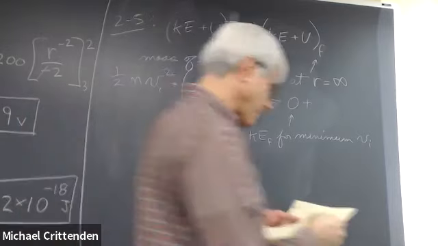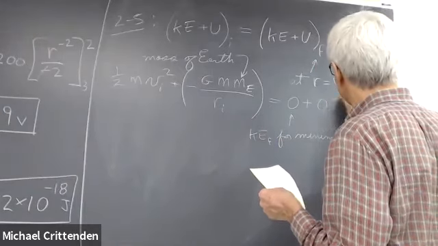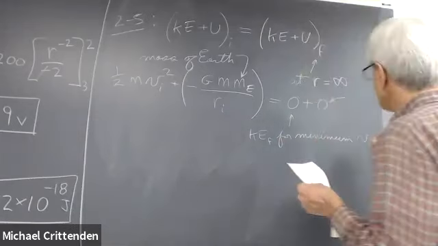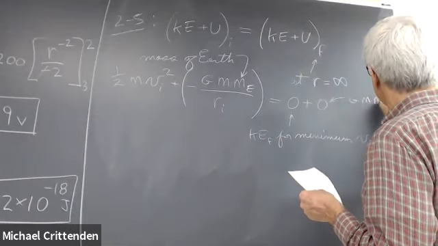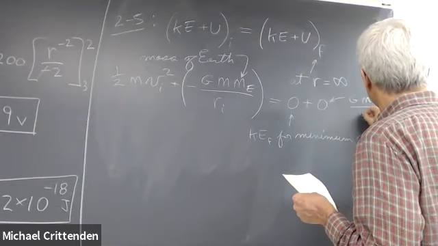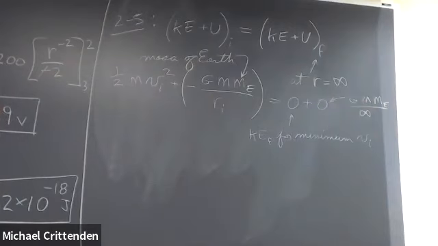And the final potential energy is also 0, because when r is equal to infinity, you've got this really big denominator, which gives you a really small fraction. As r approaches infinity, the potential energy approaches 0.